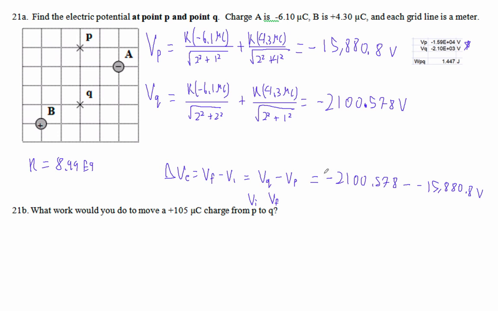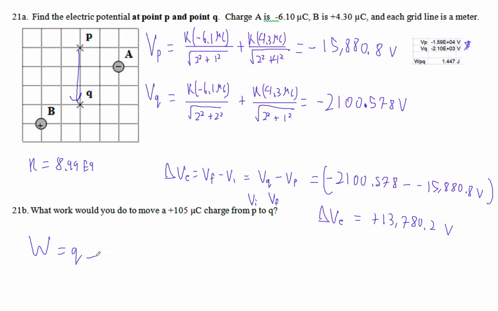So the change in voltage, if we move it from P to Q, that's what we're doing, is alpha Q minus alpha P, which is positive 13,780.2 roughly. Okay, so now we're ready.